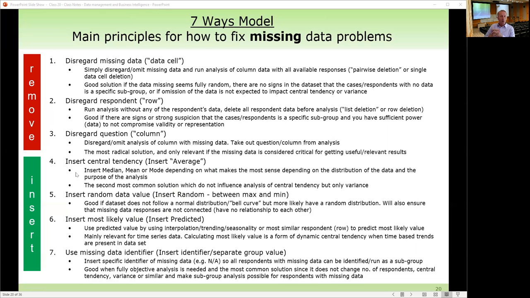Or we could simply input a data identifier. So let's say a cell is missing, then we could just input a letter or the number 99 in order to identify that this cell is empty, but it is not really empty. It has 99, but that 99 stands for an empty cell.